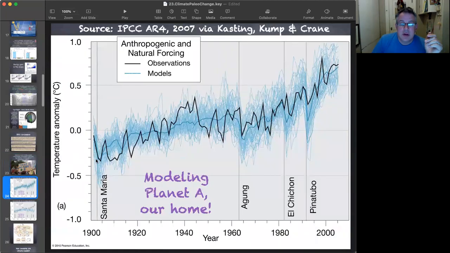Here's an example. This spaghetti diagram is showing all of the models. The blue line is the mean of all of the models, and the black line is the observations. And you can see that the observations fit within this model ensemble as if one of these spaghetti lines were the observed reality of the Earth, although in fact, none of them were.